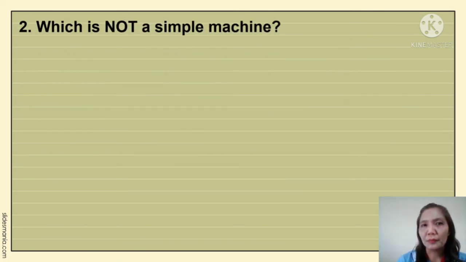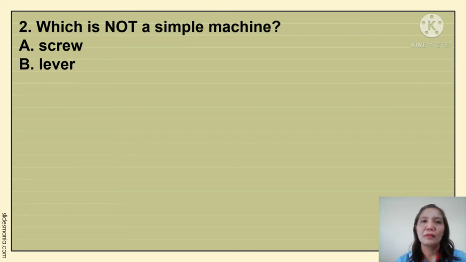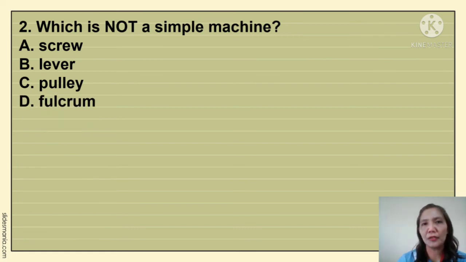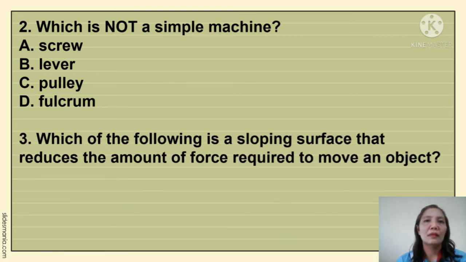Number 2. Which is not a simple machine? Letter A, screw. Letter B, lever. Letter C, pulley. And letter D, fulcrum. Number 3.